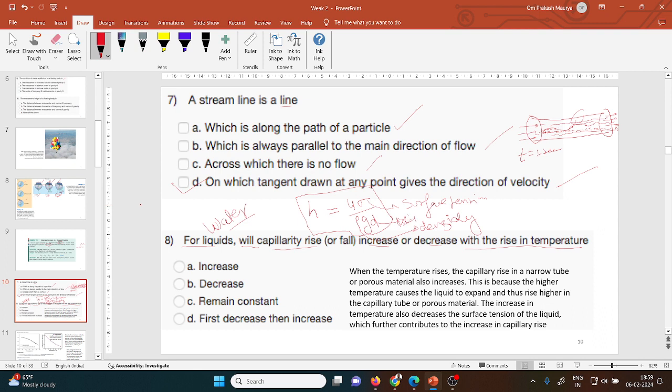Let us suppose the diameter will be constant at any temperature. So this is the assumption I am taking here.